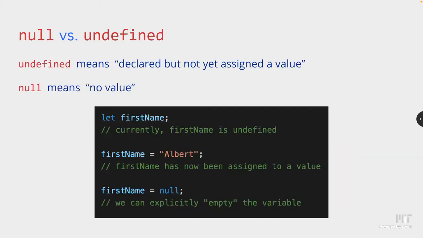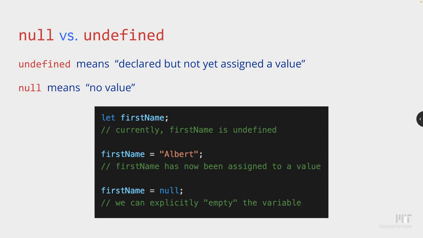Another thing, two of the primitive data types that I mentioned before were null and undefined. They do differ a little bit. Undefined means that it is declared but not yet assigned a value, while null means it just doesn't have a value. You can think of null as being like empty.